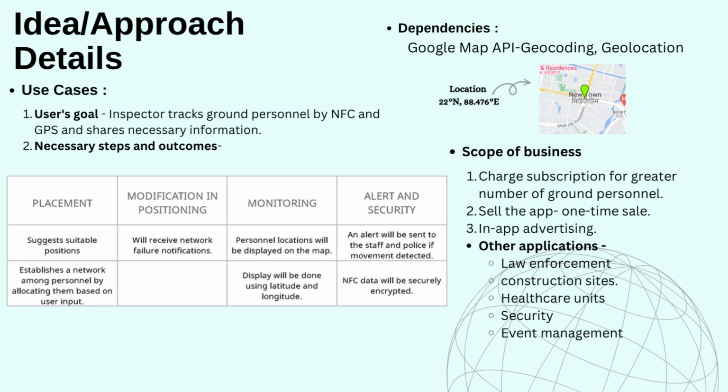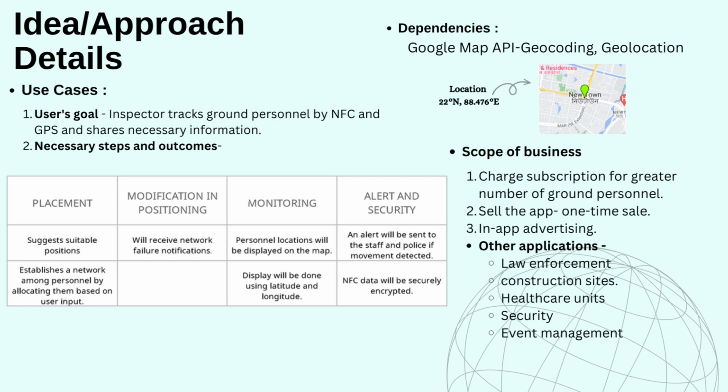Alert system: in case of a noticeable movement from the allocated position, an alert notification will be sent to the personnel and also to the police station. Now comes the security. The data transferred through NFC will be absolutely secured and encrypted.